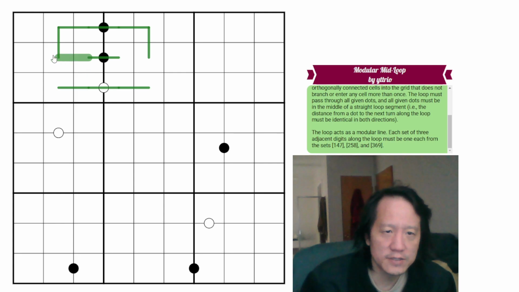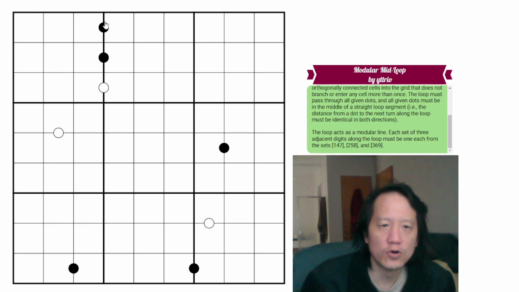This either connects here, which means this would form a loop by itself, but it wouldn't go through all the dots, or it would go here, which means this would branch, which doesn't work. So this first dot in row 1 cannot be the same length as the length in rows 2 and 3. What about if we have row 2 and row 3 be the same length, right?